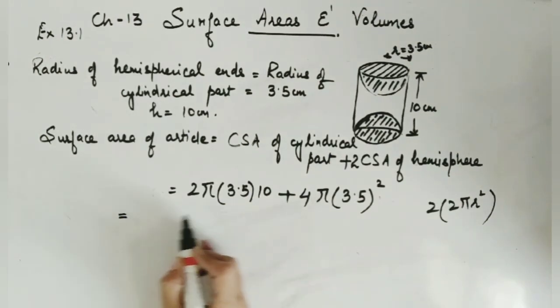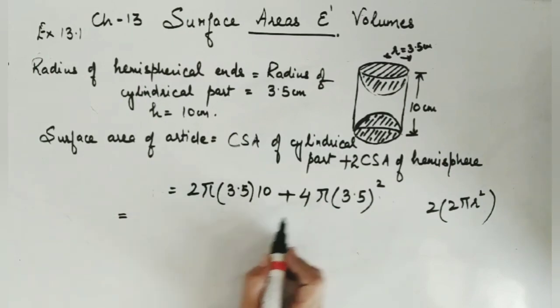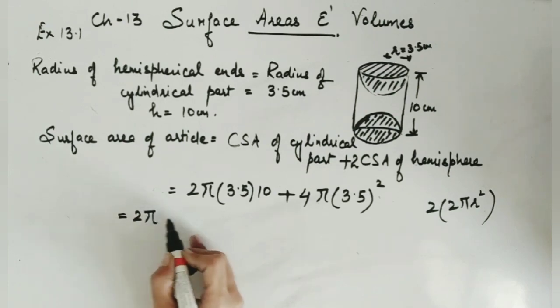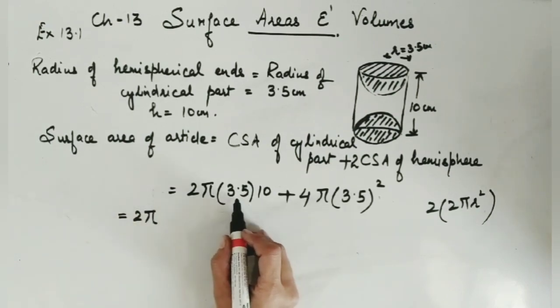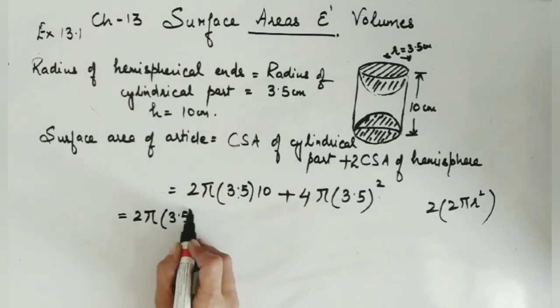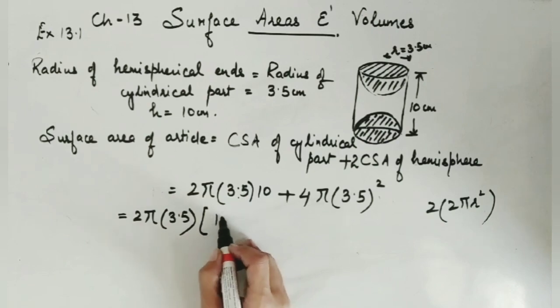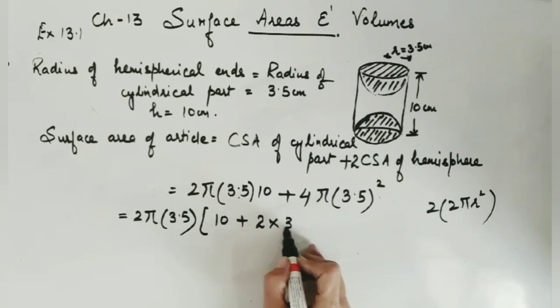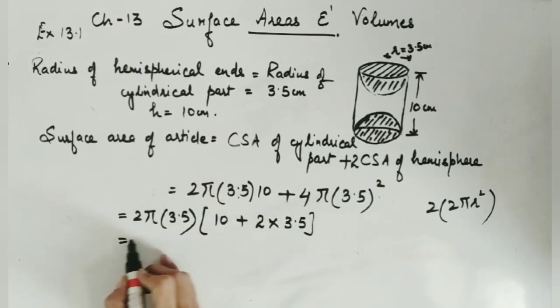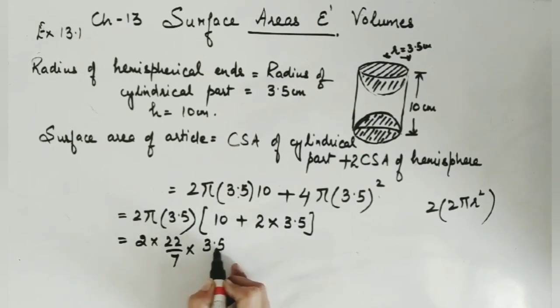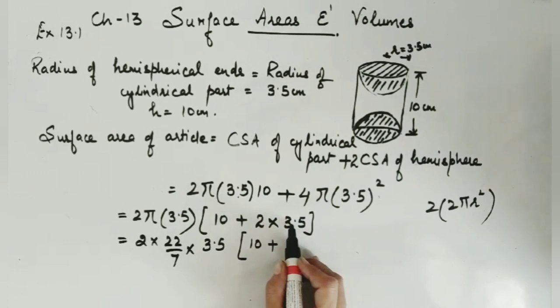So let's make the calculation a little easier. Whatever can be taken common, bring it out. 2 comes common, pi comes common, 1 r comes common, because this is 3.5 and this is 3.5 square. What remains inside? From here 10 remains, from here 2 and 3.5. Perfect. Okay, 2 into 22 by 7 into 3.5, and this is 10 plus 3.5 into 2, which would be 7, so 10 plus 7.